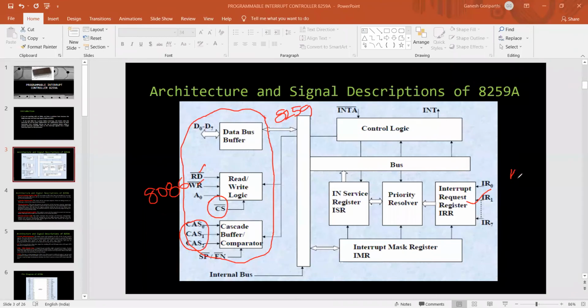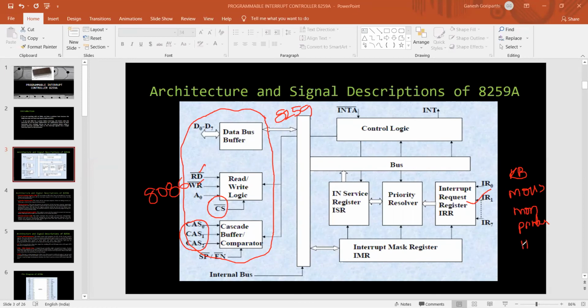Suppose keyboard, mouse, monitor, printer, and similarly, what are the different devices we have?